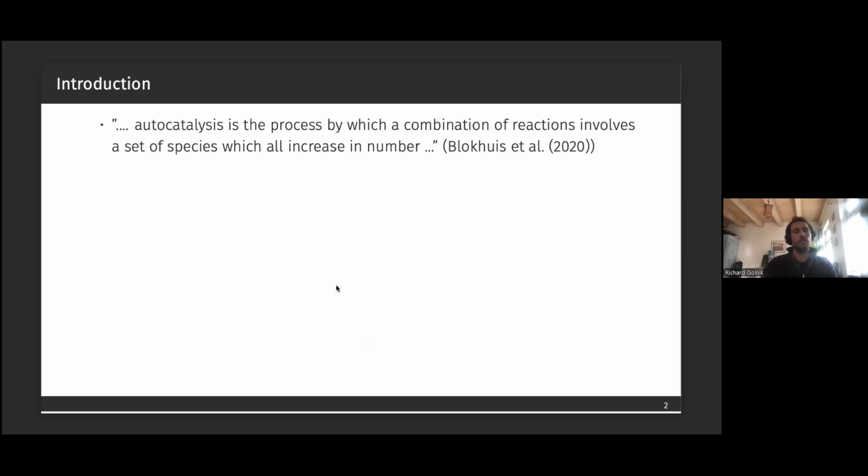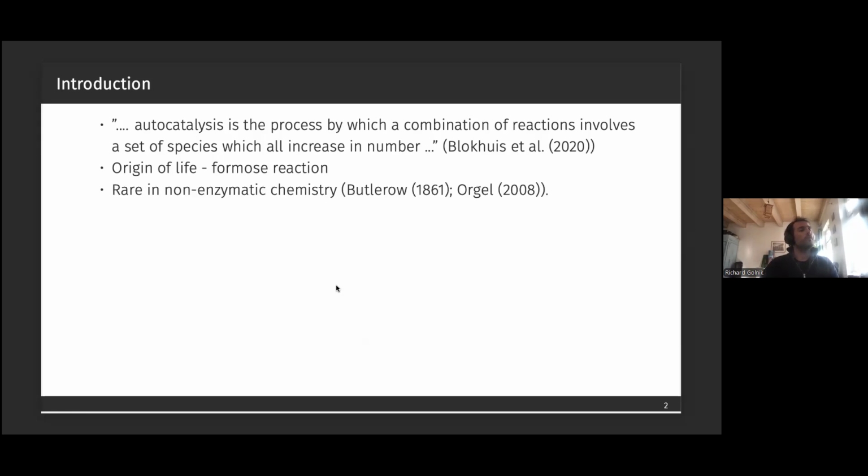And it has been shown that autocatalysis is important, not only as a theoretical framework, but also in real life. And this was shown to be relevant for the origin of life, which has been substantiated also by the discovery of the formose reaction.